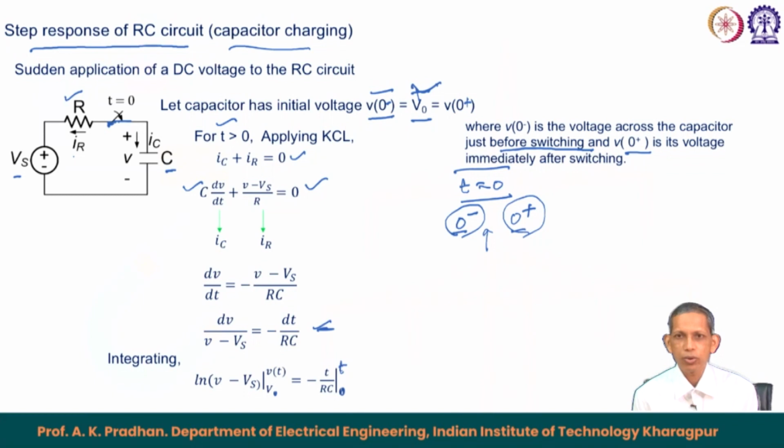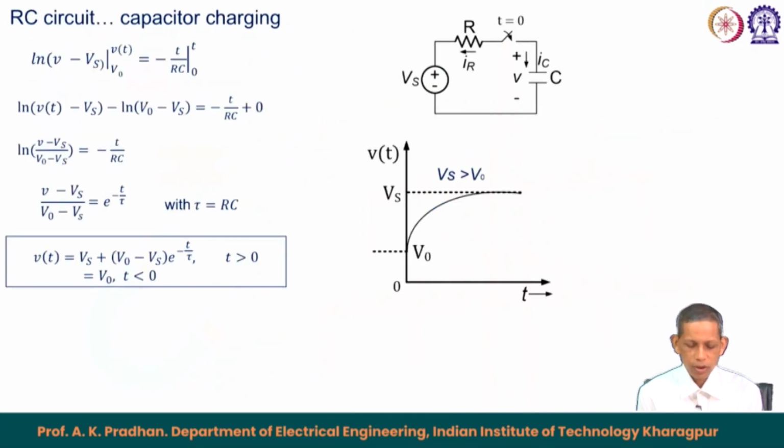So, in time 0 to t after the switching, the relation becomes natural logarithm of V t minus Vs minus natural logarithm of V 0 minus Vs, V 0 being the initial voltage of the capacitor, that equals to minus t upon RC, and for the lower limit t equals to 0 it comes out to be 0.